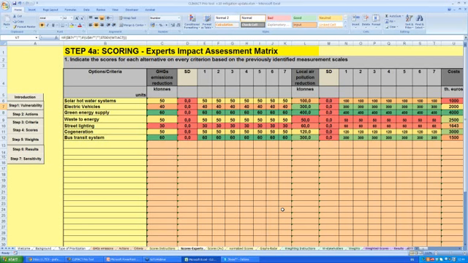If we don't have an expert judgment group and have studies that have performed the impact assessment or economic assessment and so on, we can just plug in the information as one expert.